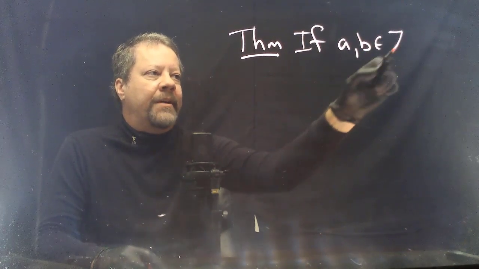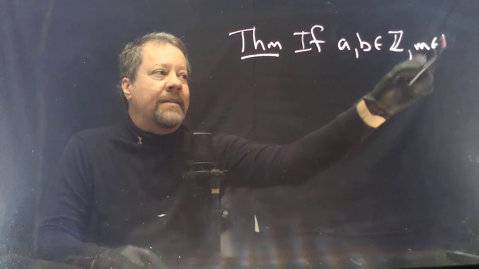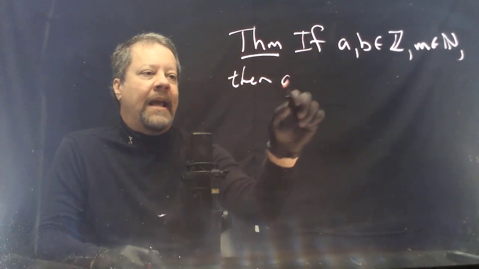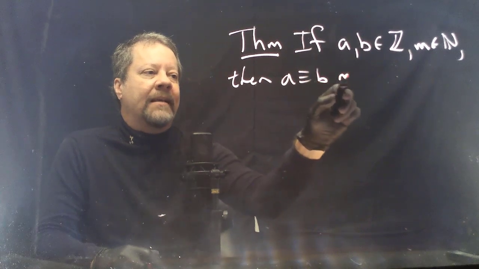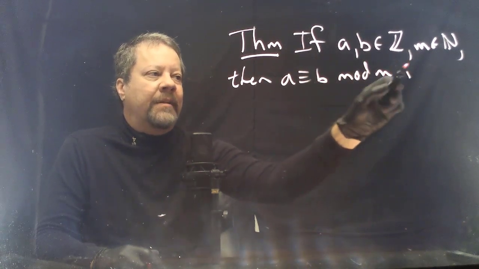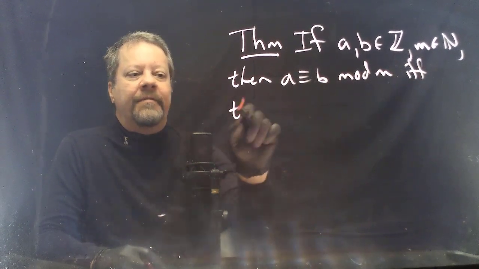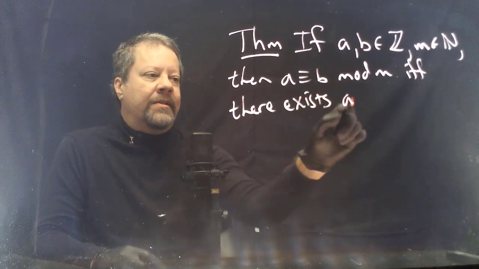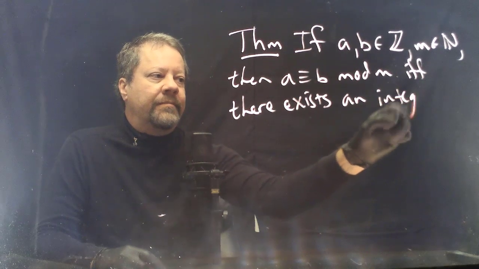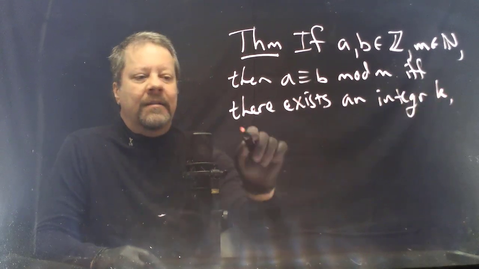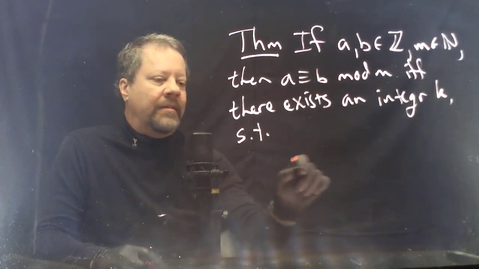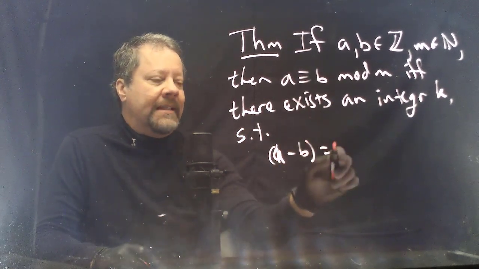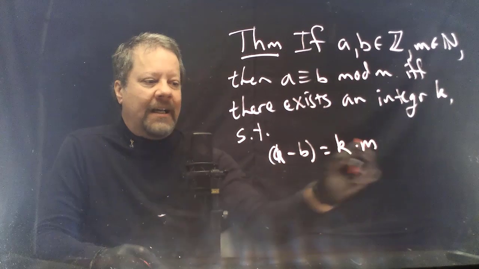if a and b are integers and m is a natural number, then a is congruent to b mod m if and only if there exists an integer k such that a minus b is equal to k times m.